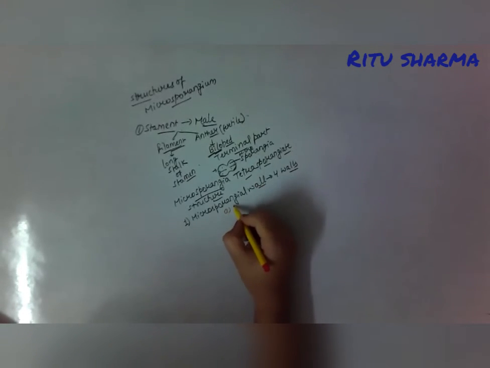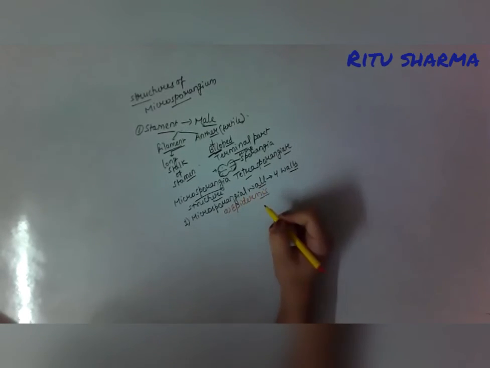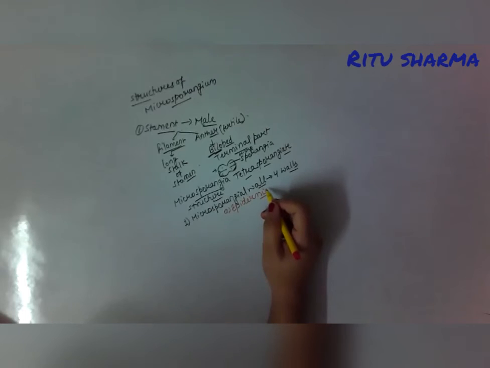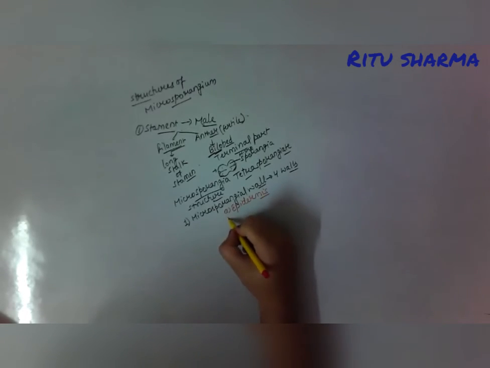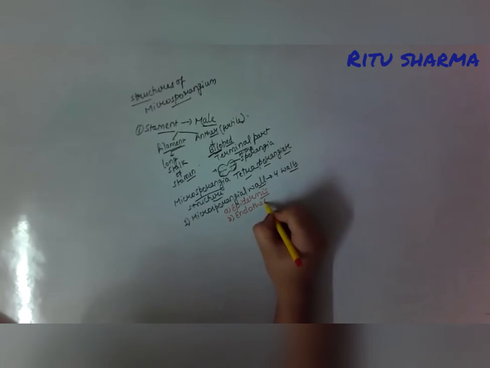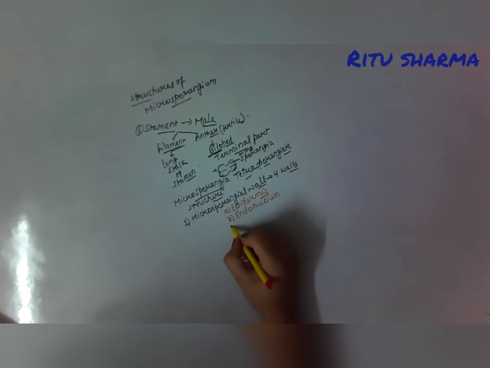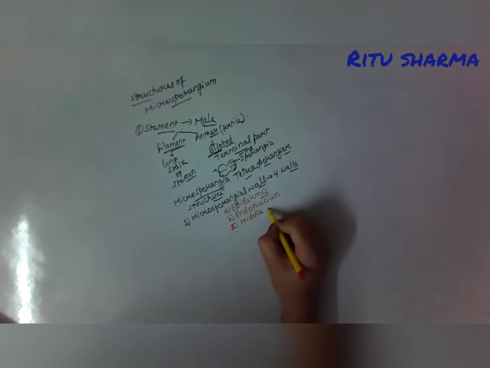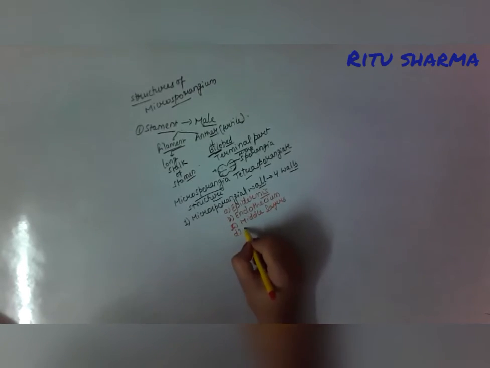First wall is epidermis. The outermost layer and protective layer. Second one is endothecium. Third one is middle layers. And last protective layer will be tapetum.